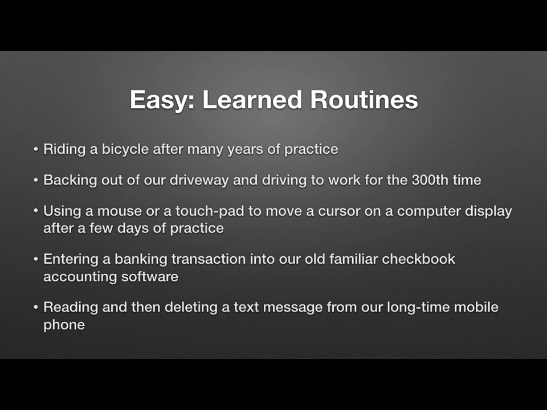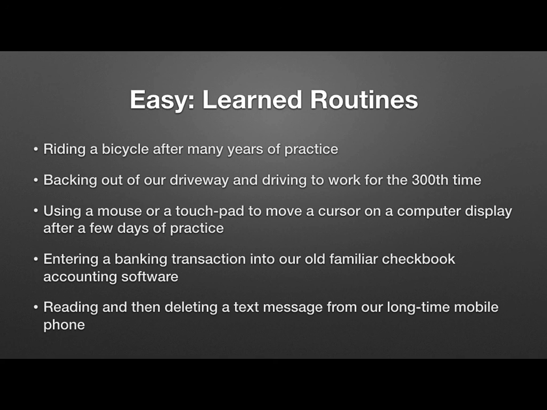So I'll wrap us up on this slide, and then we'll pick back up next time. Basically, there are easy things that we have, and that's procedural things typically. Riding a bike, driving. A lot of us can drive places and we don't even realize we did it.